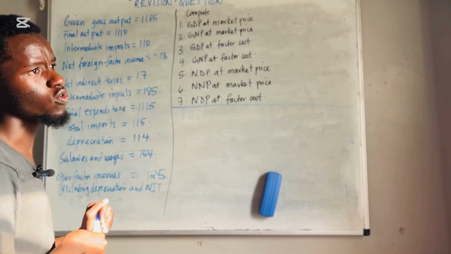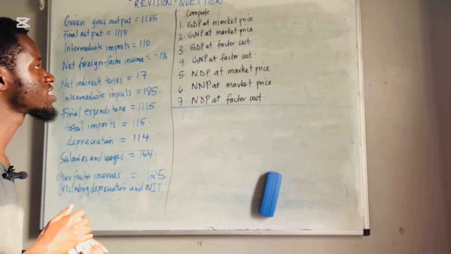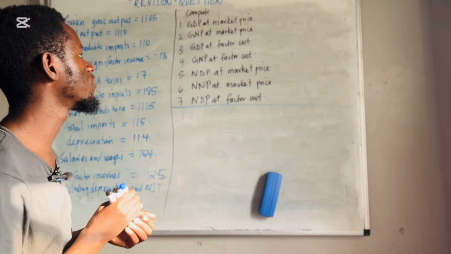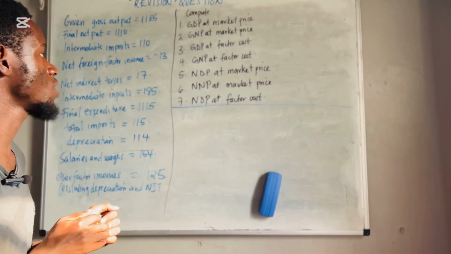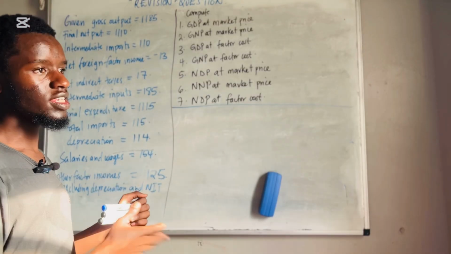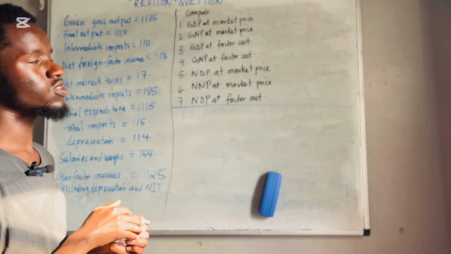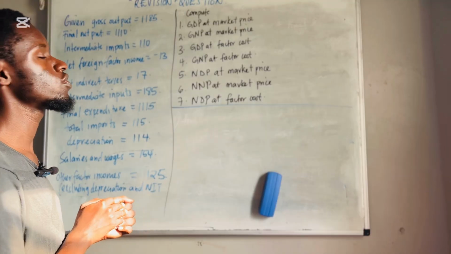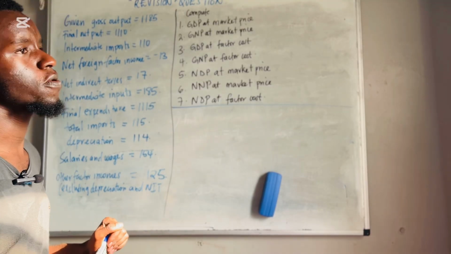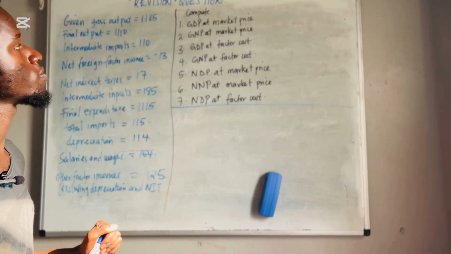That's what we add on the domestic product. And lastly, if we have gross national or gross domestic and want to have net, we just need to subtract depreciation from the gross domestic product.